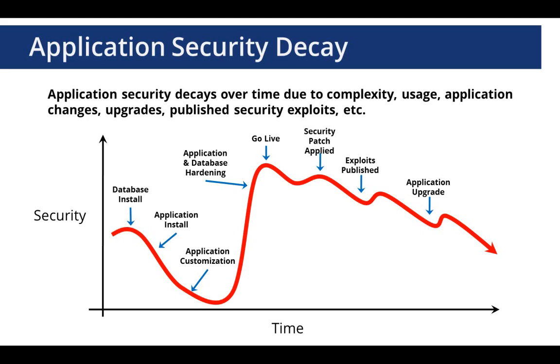But after go live, security patches have to be applied. New vulnerabilities are found and published out on the internet. You're doing application upgrades, database upgrades, more customizations. Mary from accounting also wants a database account. Well, is she using a secure password for a database account? All these things work in tandem to lessen, or decay, the security of our Oracle E-Business Suite environment.